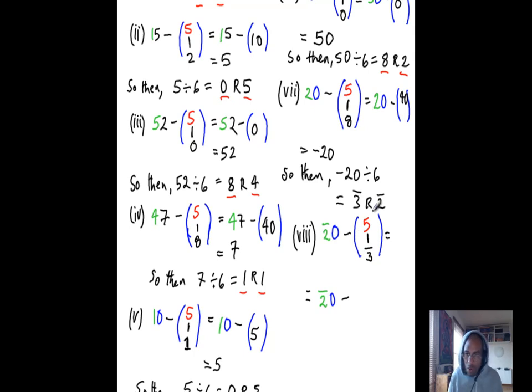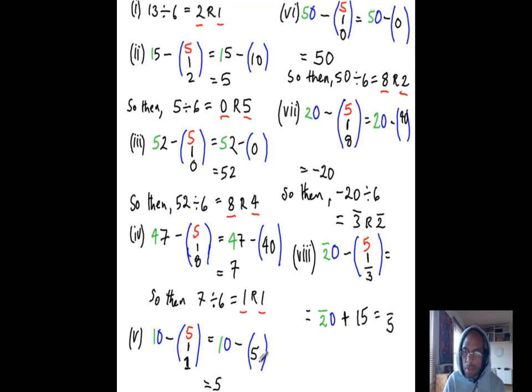Now, I'm going to take away the parentheses and change the sign to a plus. So that's plus 15. So it's minus 20 plus 15, which is equal to minus 5. I'm going to write that like this now, the bar on the top.